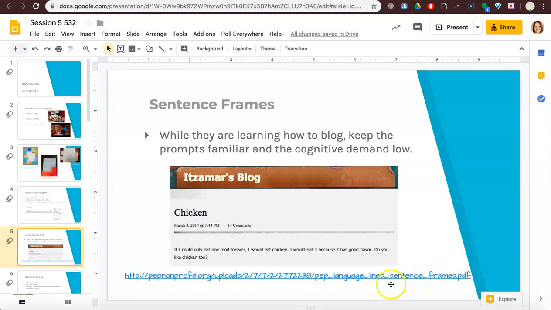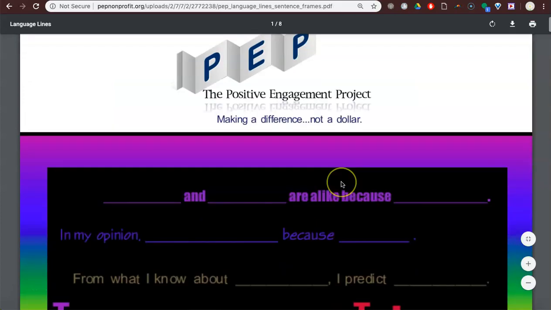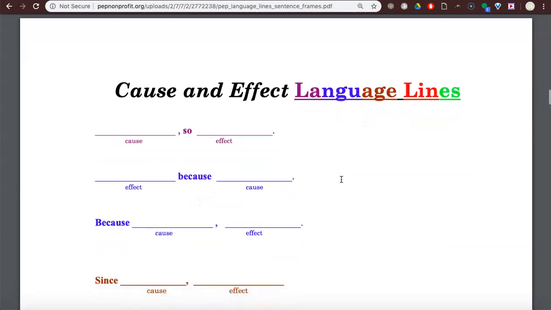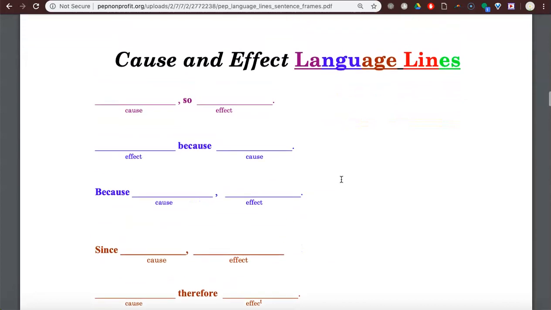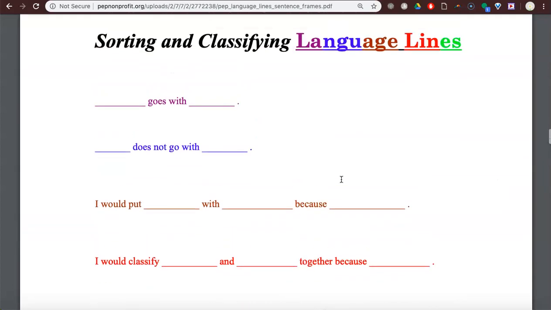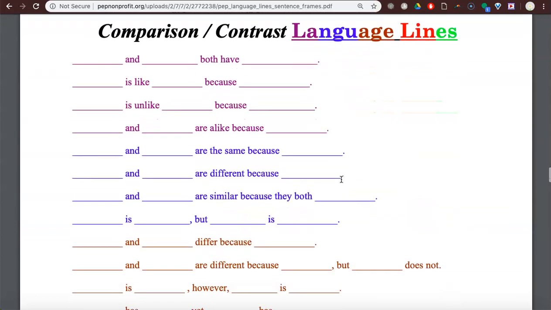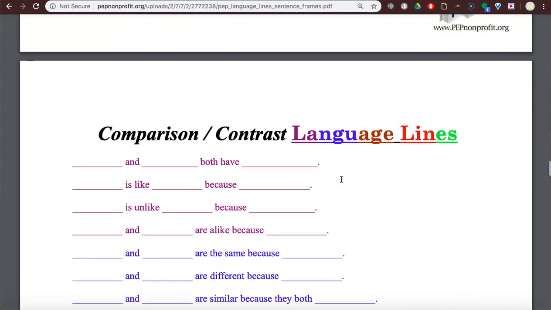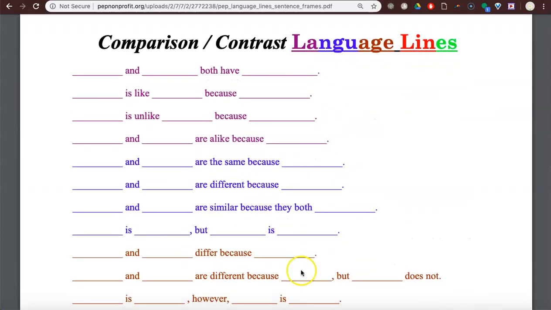Another support I'd like to point out is this PEP language lines, and these are a set of sentence frames for a lot of different reading skills. So here's cause and effect sentence frames, sorting and classifying, compare and contrast, evaluating, it goes on and on. And we can see that these have different colors.